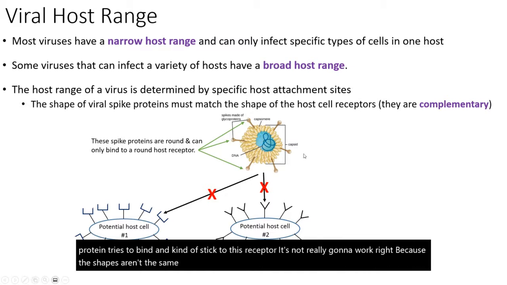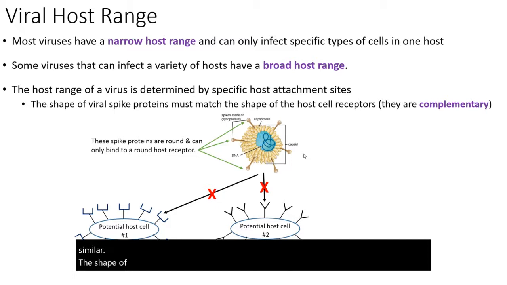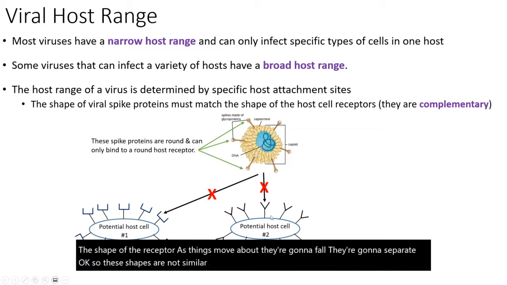Because remember, y'all, in the body, in reality, things are constantly in motion. And so if the shape of the spike protein is not very, very similar to the shape of the receptor, as things move about, they're going to fall, they're going to separate, okay? So these shapes are not similar enough for the spike protein to attach to that receptor.